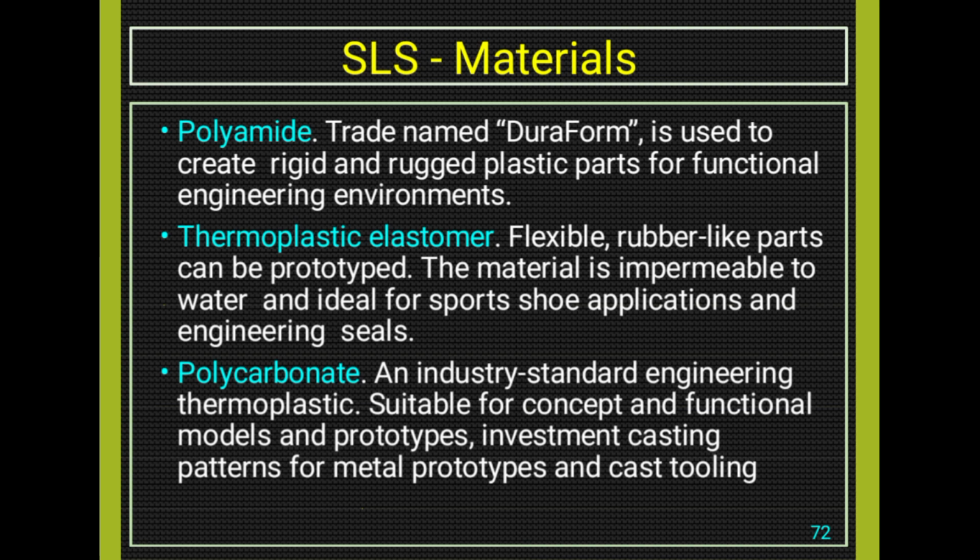The material is impermeable to water and ideal for support shoe applications and engineering seals. Next material is polycarbonate, an industry standard engineering thermoplastic suitable for concept and functional models and prototypes. Investment casting patterns for metal prototypes and cast tooling.